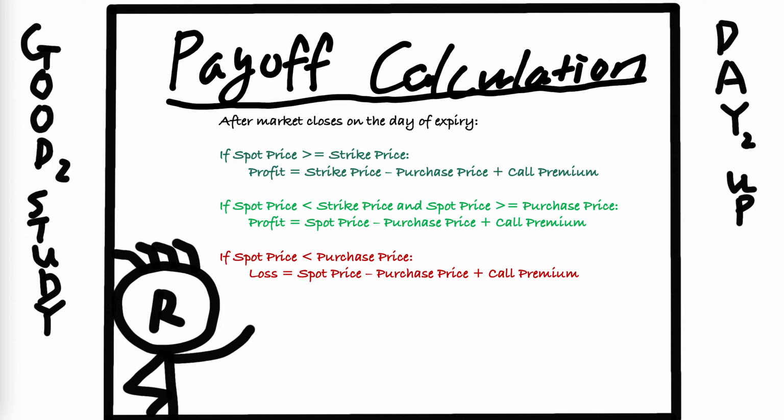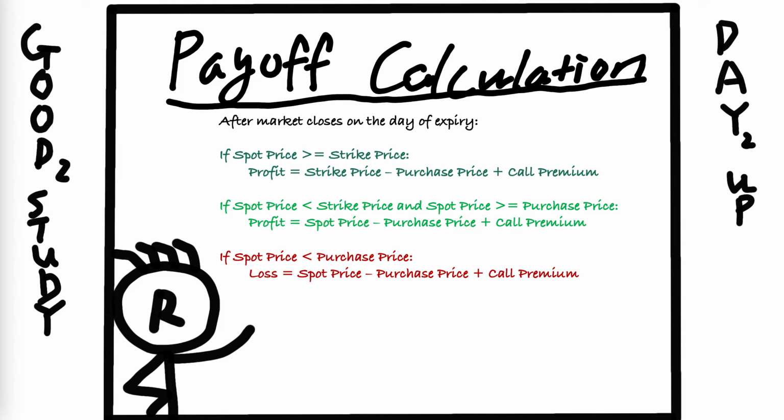To calculate the payoff, we need to consider the following three scenarios. First, if spot price is greater or equal to strike price, your profit will be strike price minus purchase price plus call premium.